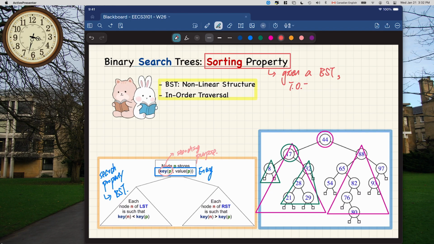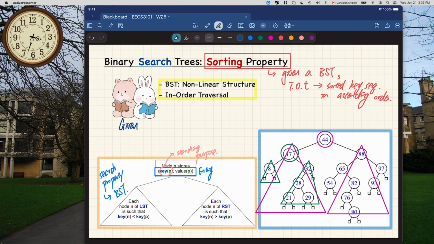In-order traversal is going to give you a sorted key sequence in ascending order. All right, so that's also a very important property. Let's just sketch it down a little bit. So let's quickly summarize.